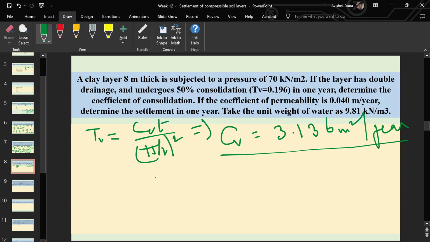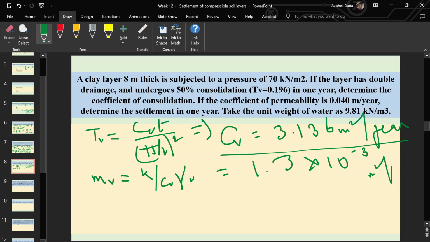Now, have you found out the value of MV? Yes, sir. 1.3 into 10 power minus 3. Yes, CV over gamma W, 9.81, that is 1.3 into 10 to the power minus 3 meter square per kilonewton, isn't it? Now the final settlement will be how much?